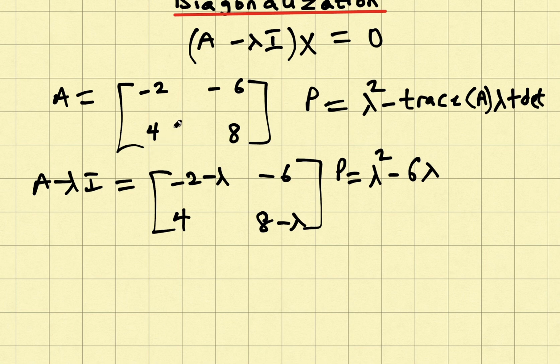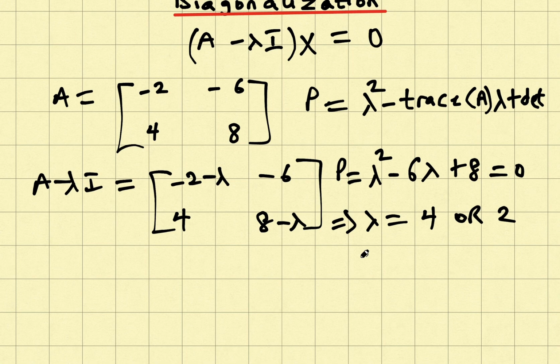And we have 4 times -6, that's -24. So -16 minus -24 is -16 plus 24, which is plus 8, equals 0. If we solve this particular polynomial, this is a quadratic expression. It means that lambda equals 4 or lambda equals 2. And these are our eigenvalues.